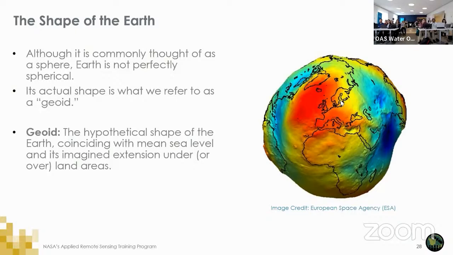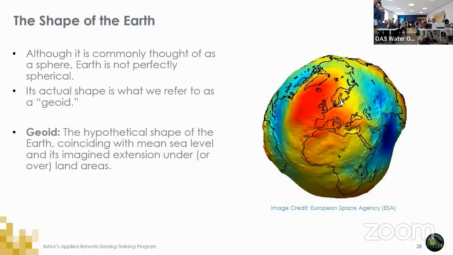And if there were no effects from tides from the moon or from any meteorological phenomena, like winds blowing oceans around. If everything were smooth and all the oceans were connected, so they were all basically at the same level, and it's also reflecting all the different gravity on the planet caused by ice sheets and mountains and everything else. This would be a replica of what the Earth would look like at mean sea level. And this is what we refer to as the geoid.